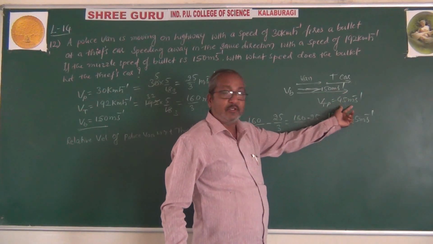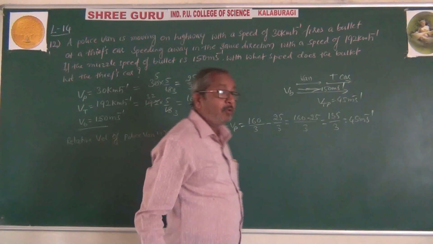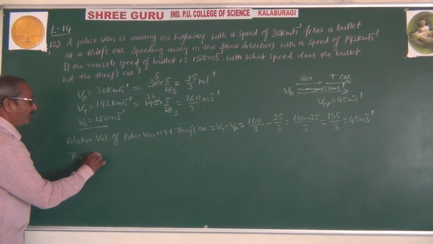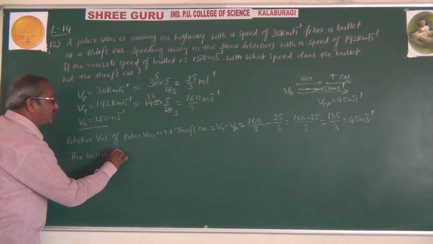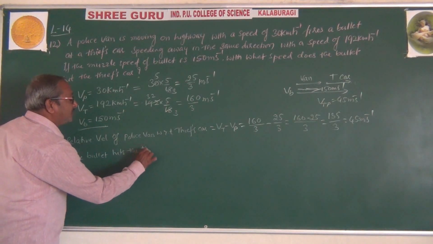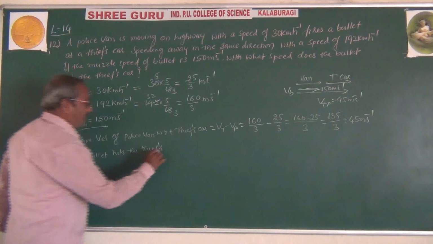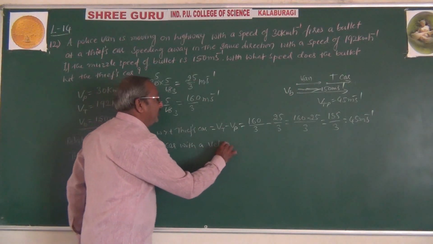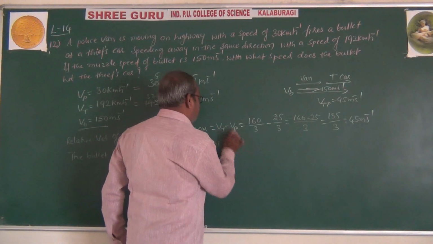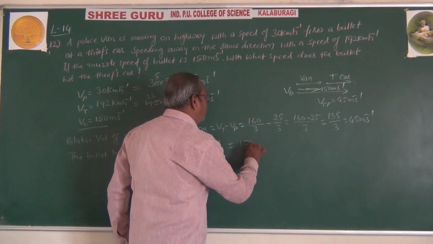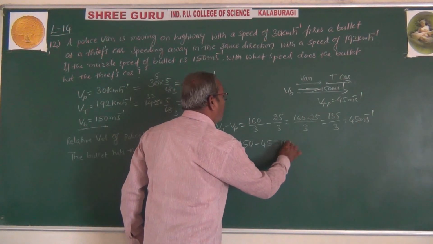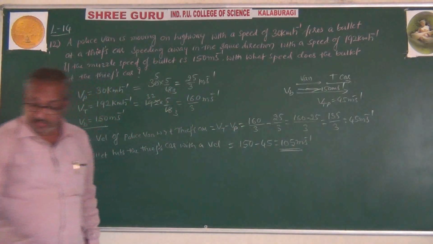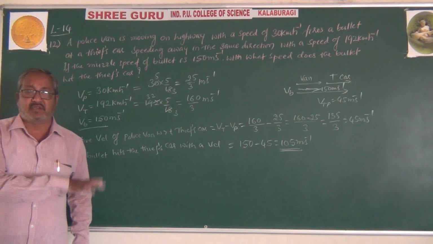The bullet hits the thief's car with a velocity equal to 150 minus 45, equal to 105 meters per second. With this speed, the bullet will hit the thief's car.